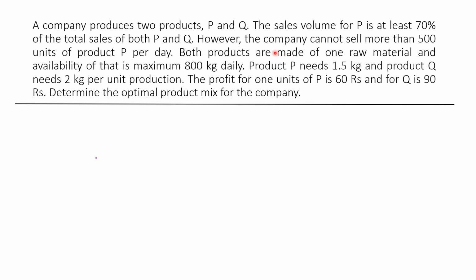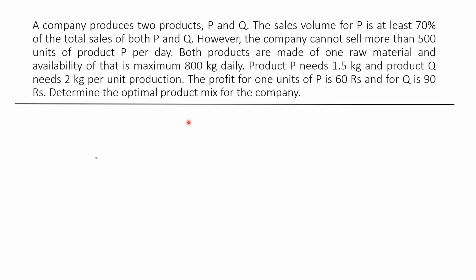Also they have mentioned that the company cannot sell more than 500 units of P. So whatever the units the company is producing, the maximum possible product P is 500. Both the products are made of one raw material and the need for product P is 1.5 kg and product Q is 2 kg. The company is making a profit from product P of 60 rupees and from product Q of 90 rupees.